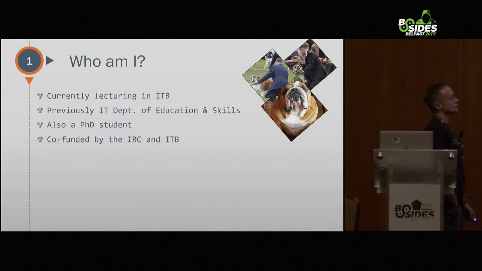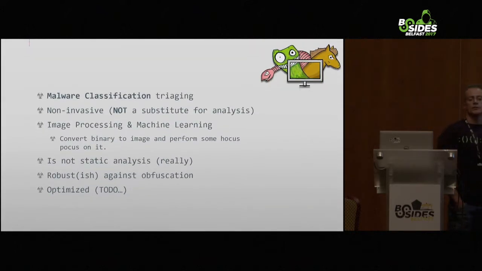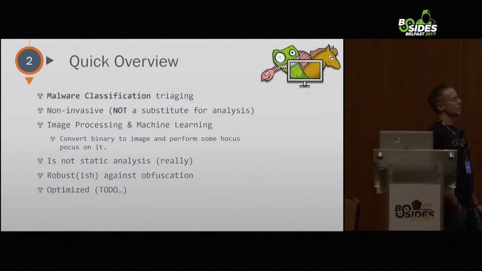So, just a bird's eye view of the kind of methodology that I'm going through at the moment. I'm trying to triage methods of malware classification. The method that I'm using is non-invasive, so I'm not using any kind of reverse engineering.